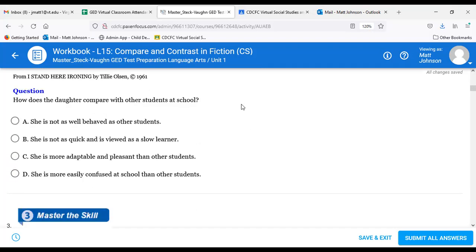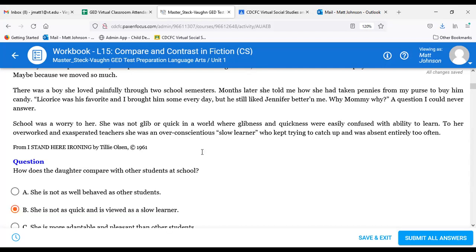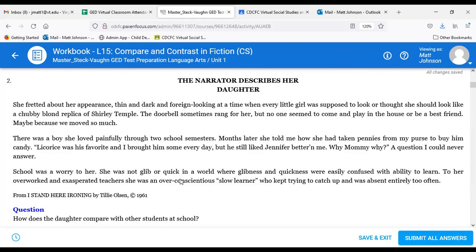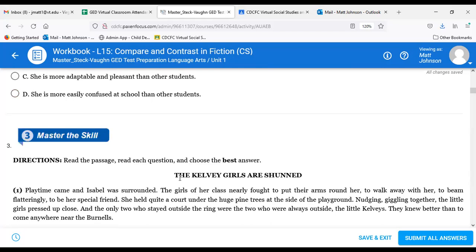B, she is not as quick and is viewed as a slower learner. C, she is more adaptable and pleasant than other students. D, she is more easily confused at school than other students. And I would say the answer is B. Yeah, it's saying she's just not as quick, viewed as a slow learner. And I think at the end there it says something like overconscientious, slow learner. B as in boy there.